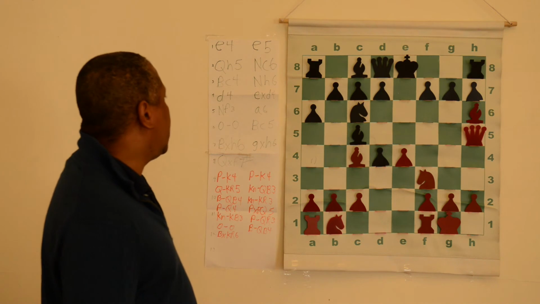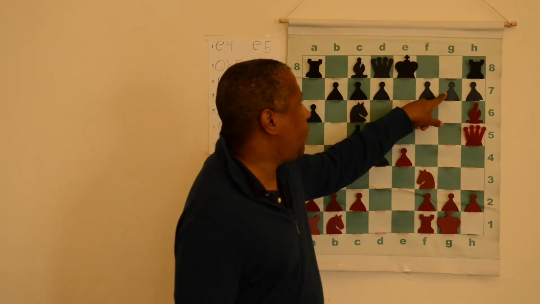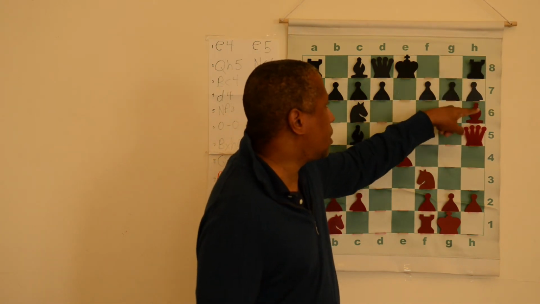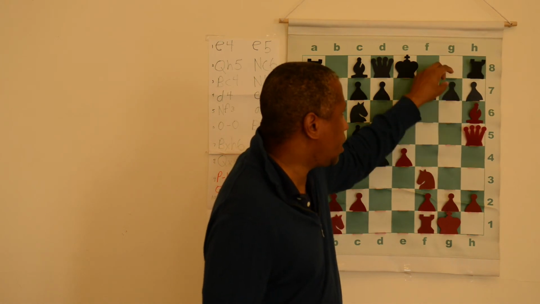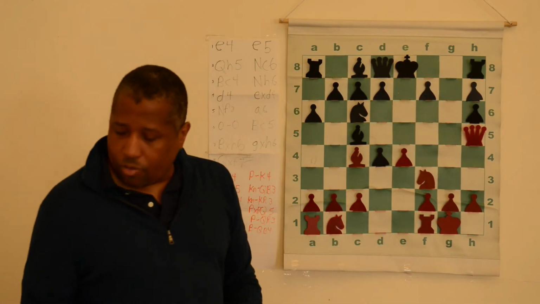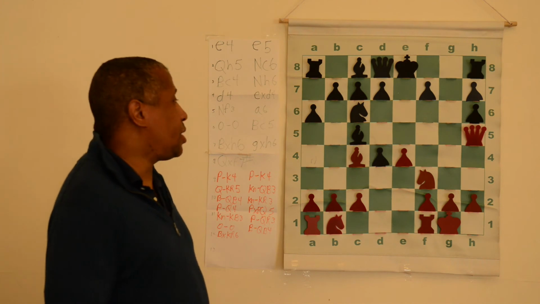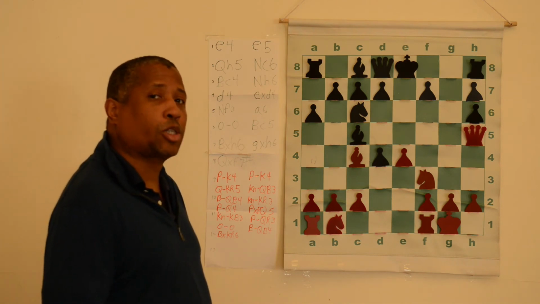And now, next, black does GXH6. That means the pawn on the G file takes on H6. So find H6, H8, H7, H6, and then the pawn on the G file takes. Remember, when doing descriptive or algebraic notation, I always like to begin with the end in mind. So find the square where it's going to.